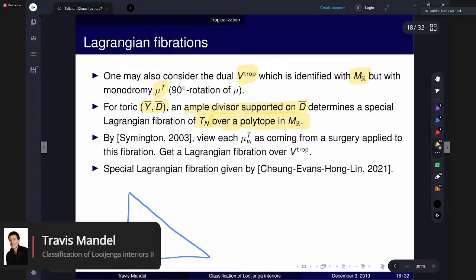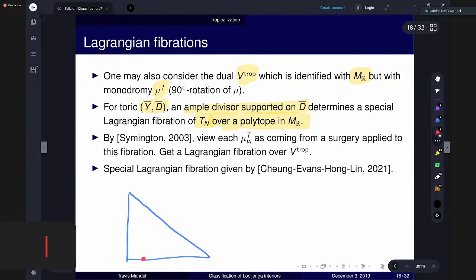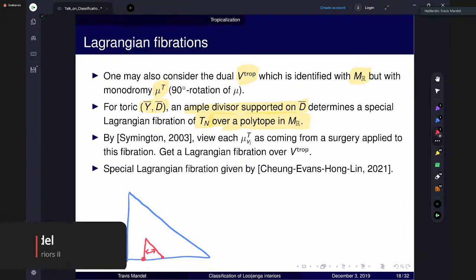And Margaret Symington showed around 2003 that when you do a non-toric blowup at some boundary point here, and this predates Gross-Hacking-Keel by about a decade, she found that if you have a Lagrangian fibration over a polytope like this, and you want to do some symplectic blowup of a point on, say, this boundary divisor, you can view that as cutting out a triangle, and you glue these two edges of the triangle, and then you do some corresponding surgery on your Lagrangian fibration.